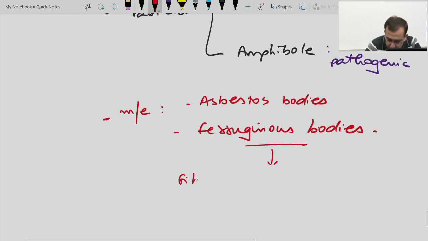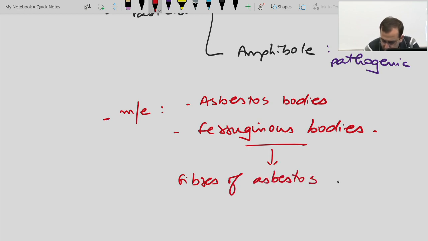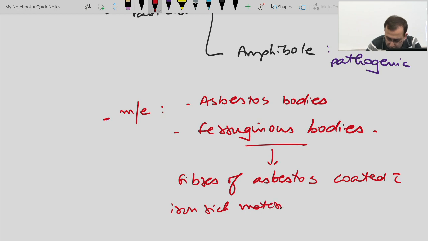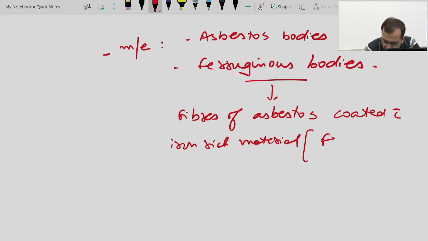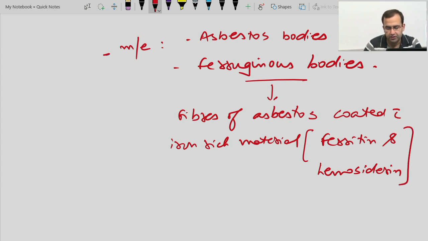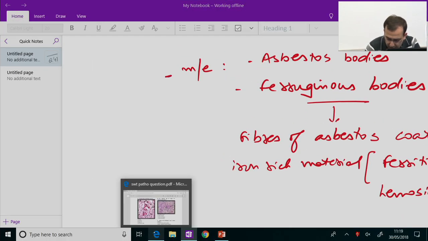These are fibers of asbestos coated with iron-rich material. What do we mean by iron-rich material? That is ferritin and hemosiderin. This is a ferruginous body, and this was what was asked in the paper.